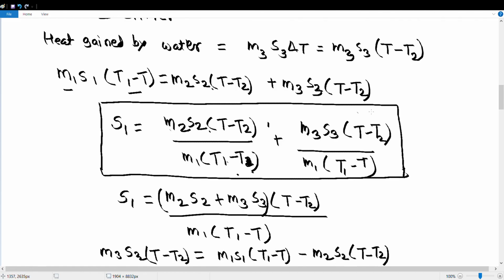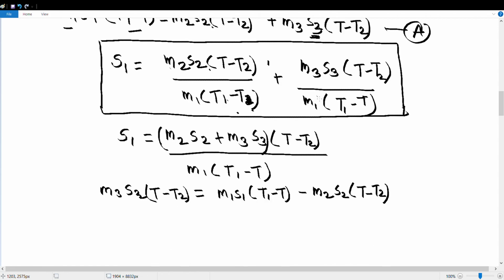Suppose this is equation A. We just rearrange this equation to find this S3, the specific heat of water.